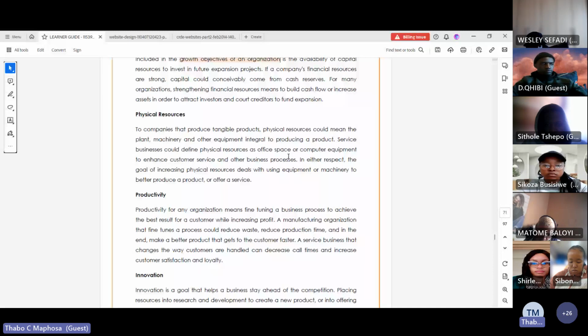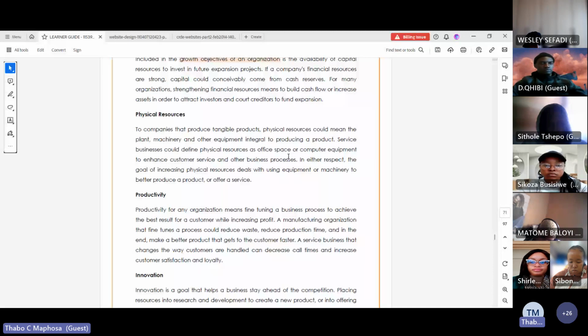Banks will need things like ATMs, branches and things like that, bank cards. So those are physical resources. Each and every company needs to have physical resources to be able to produce a better product or a better service. It helps a company grow.